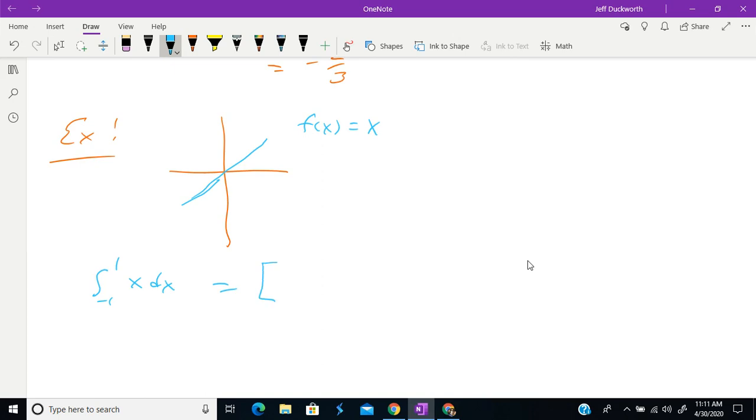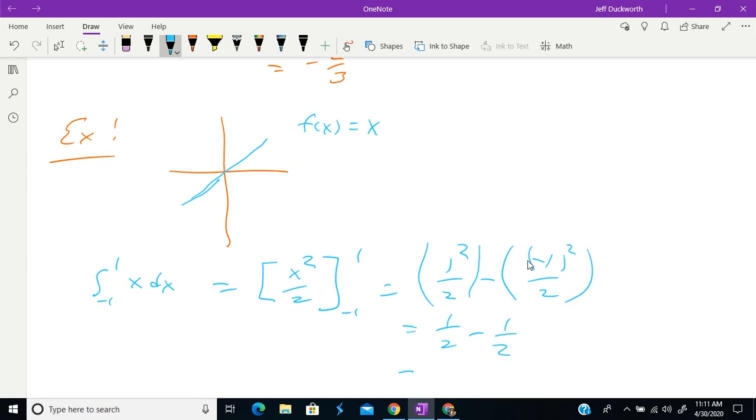Well, the integral of x is x squared over 2. And here we have 1 squared over 2 minus, I'll put these here to illustrate, negative 1 quantity squared over 2. So this is 1/2 minus 1/2, which is 0.